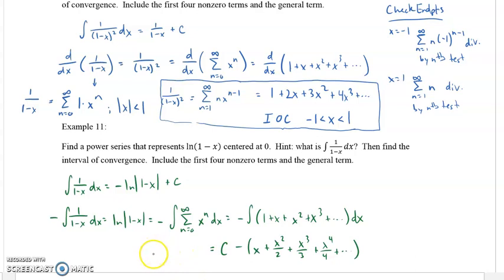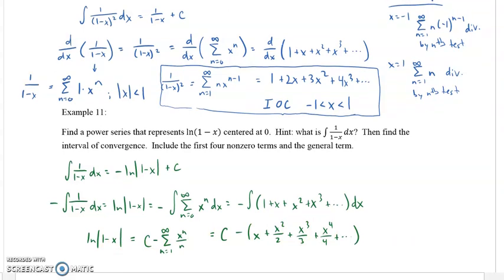So this is actually going to be the same thing as c minus the sum from n equals 1 to infinity of x to the n over n, right? X to the 1 over 1, x to the 2 over 2, x to the 3 over 3, x to the 4 over 4, etc. So that is apparently what the natural log of 1 minus x converges to.